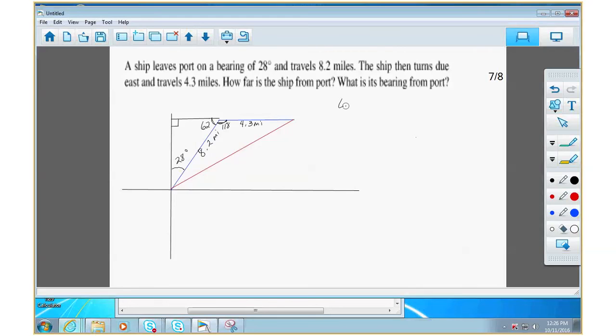So the law of cosines is going to give you 8.2 squared plus 4.3 squared. I get my law of sines and law of cosines mixed up. Minus 2 times 8.2 times 4.3 times cosine of 118. Check to make sure I got it memorized correctly. Law of cosines. Got them in your notebook?